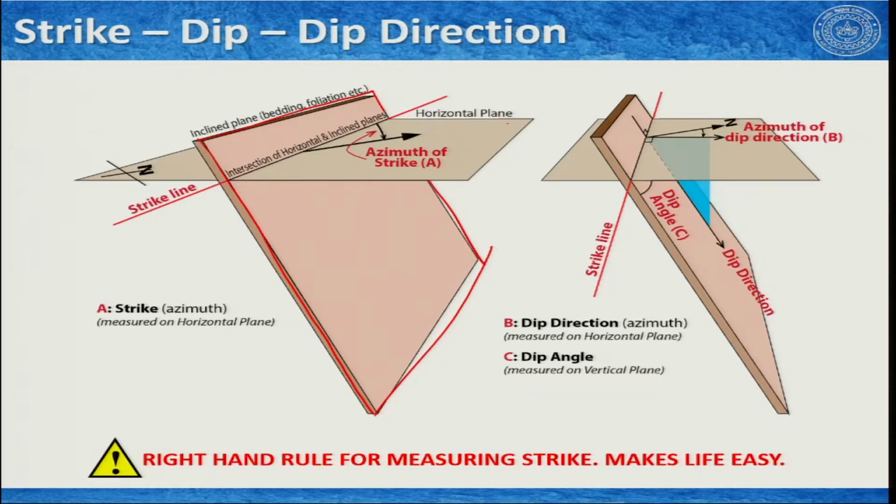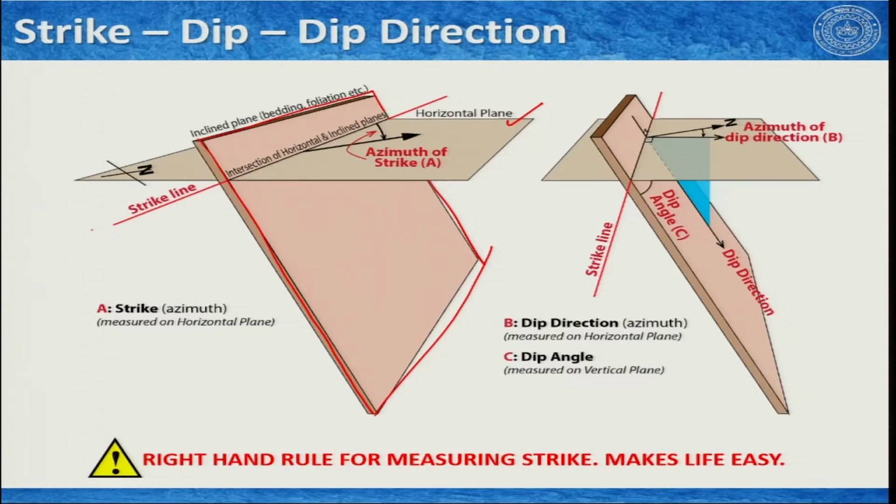Now, this plane is an imaginary horizontal plane. So, if I have a tilted plane like this and I consider an imaginary horizontal plane, then the tilted plane will meet the horizontal plane along a horizontal line. So, we get a line, and this line we define as the strike line. The strike line also stays on the horizontal plane.